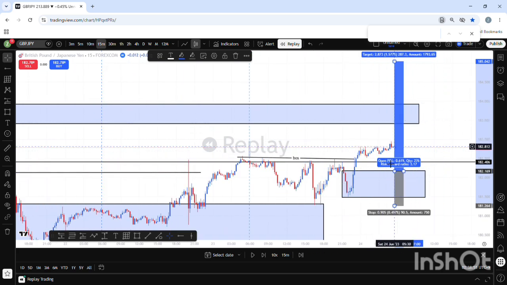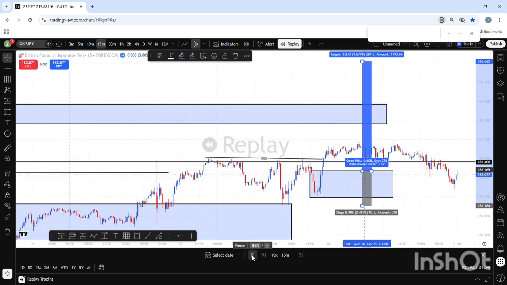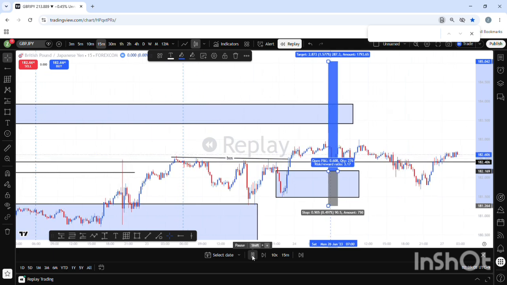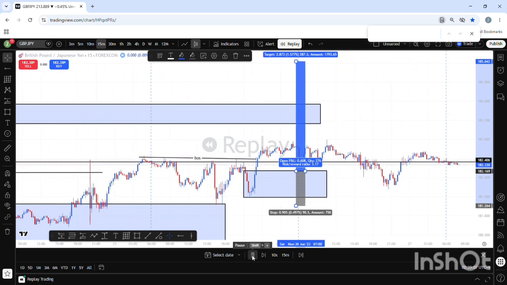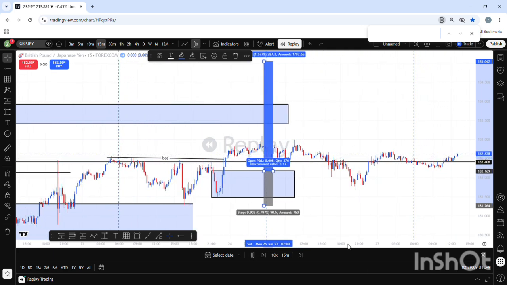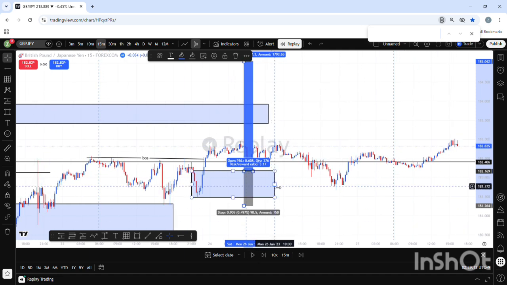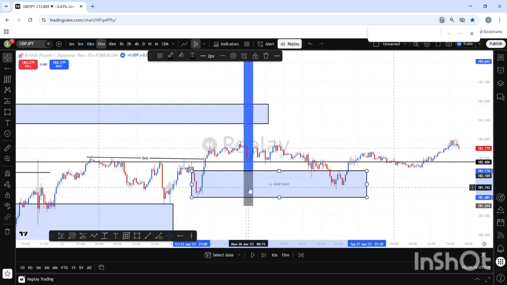If the market is going to buy from this zone, I'm safe. And as you can see, it didn't just tap my order block and push up. It went lower to this lower order block, this small order block, which is inside the big order block.